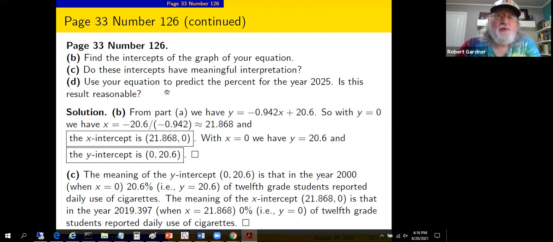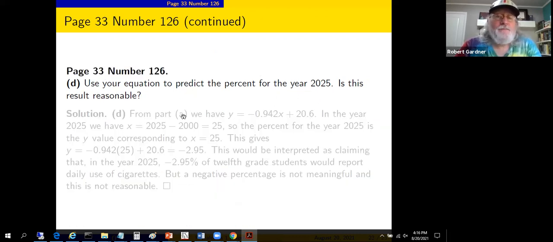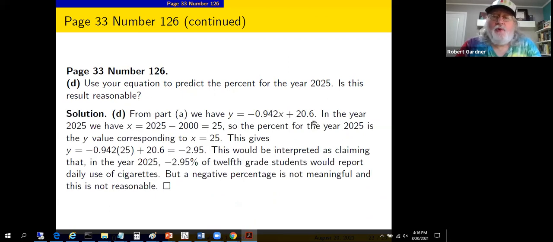Part D, they say, use your equation to predict the percent in the year 2025. So that'll be when x equals 25. Here's the formula. In 2025, x equals 2025 minus 2000. That's x equals 25. So for the percent in 2025, we'll plug x equals 25 into the formula and see what happens.